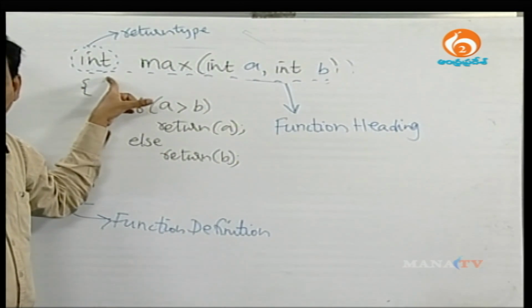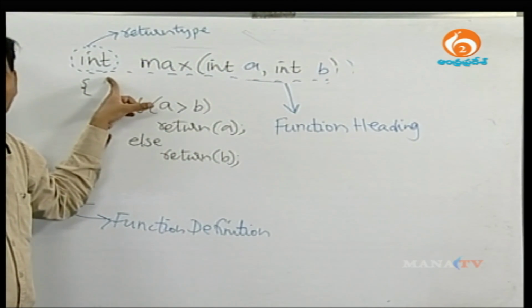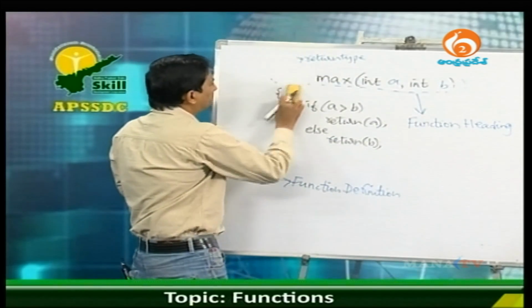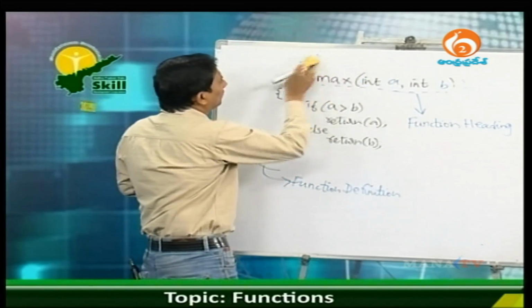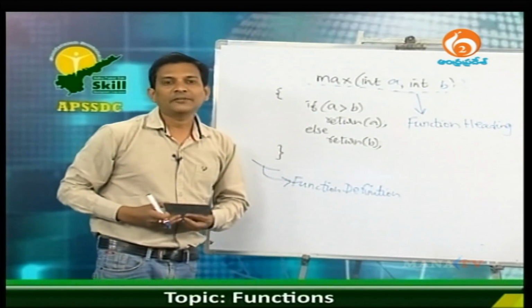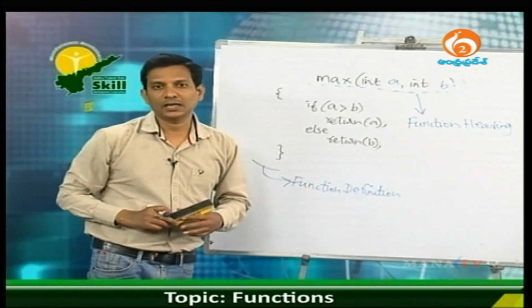If there is no return type, then the default is integer. If I am not writing anything here, okay, no problem, but the default return type is integer in C language.